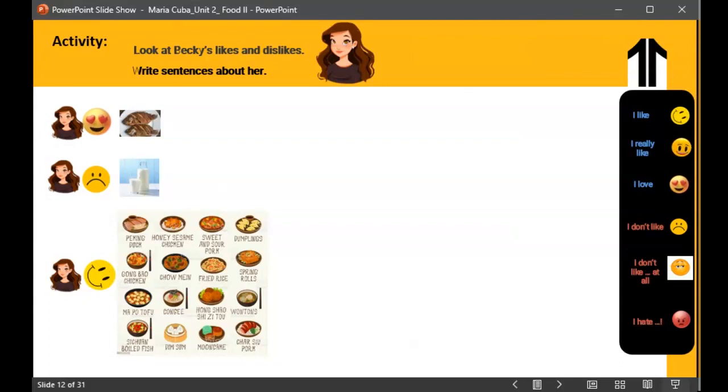What can you say about Becky? There is something that you can use on the right. So what can you say? What can you write about her? Any ideas? In this part, for example, what can you say?